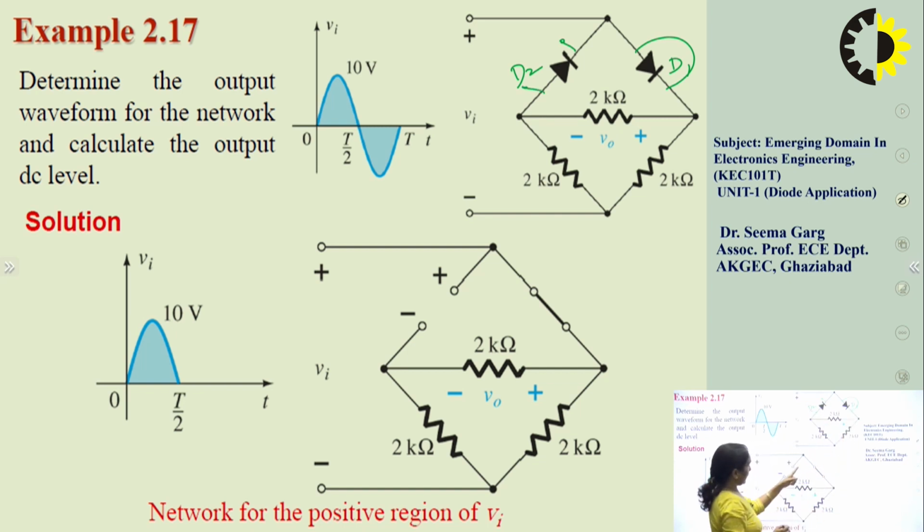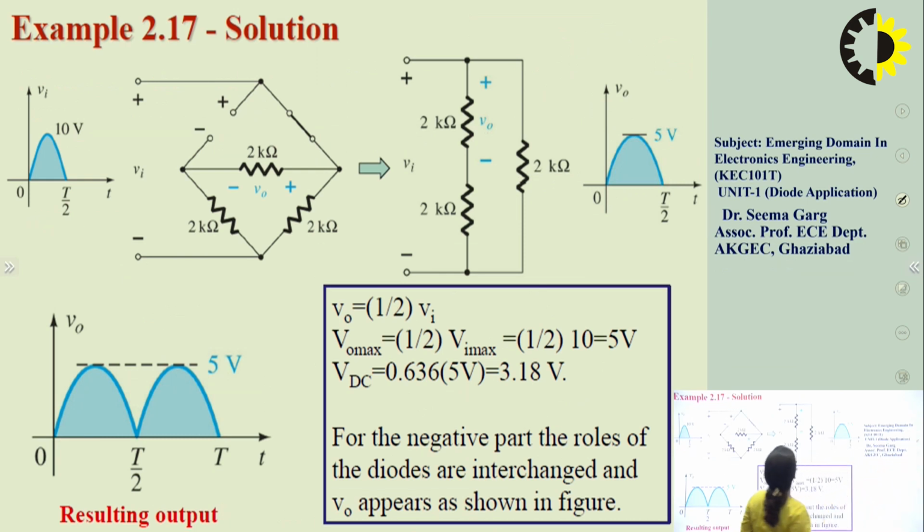So the circuit will look like this, and if I draw the equivalent circuit, these two resistances are coming in parallel, and across this resistance we are measuring the output voltage.